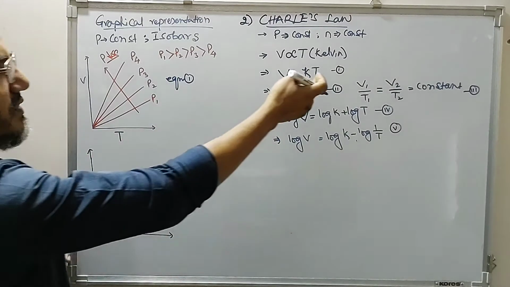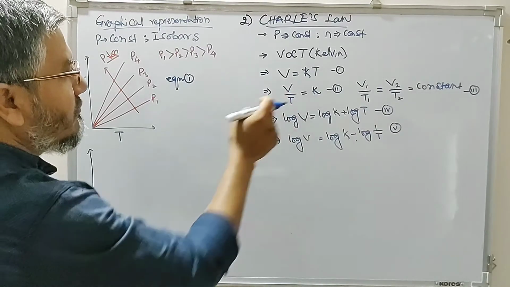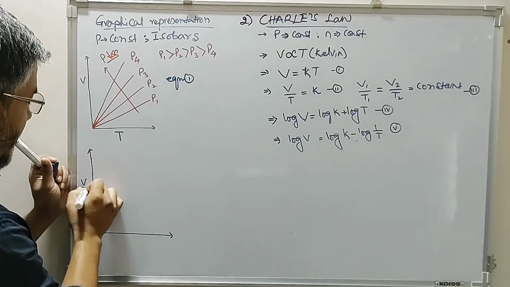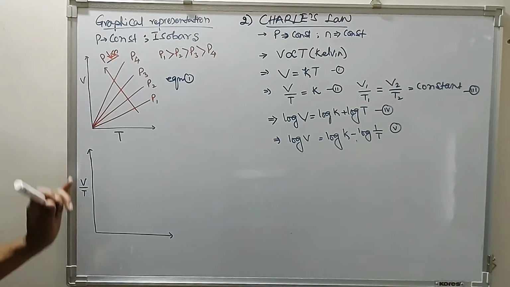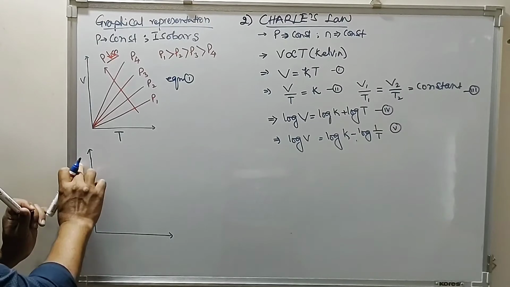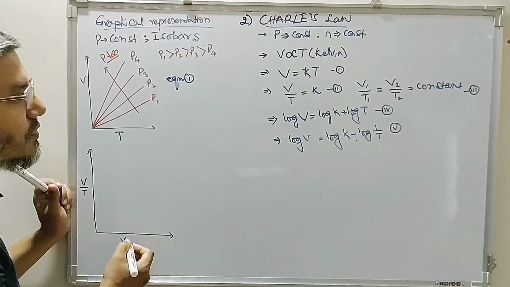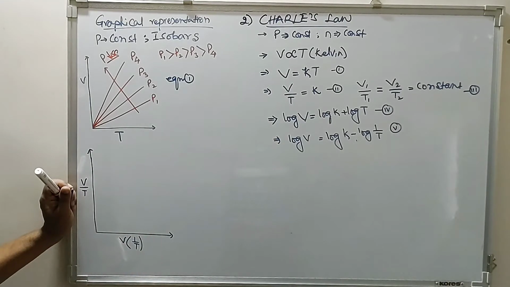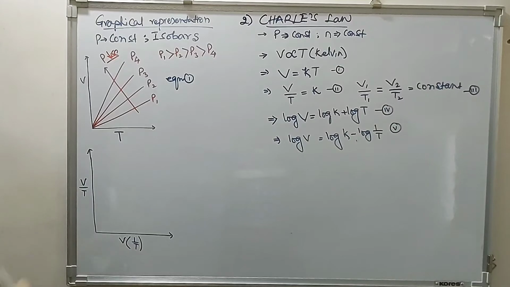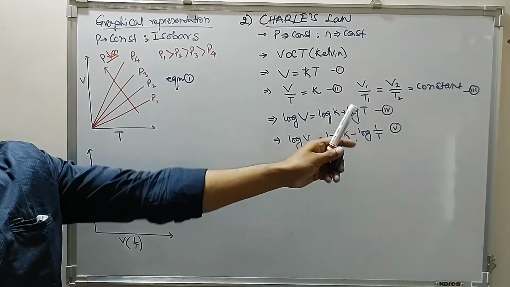Now the graph representing equation 2. Look at this: the ratio of volume versus temperature. If we make a graph of the volume by temperature ratio versus 1 by T, this always remains a constant, meaning the ratio is always a constant.